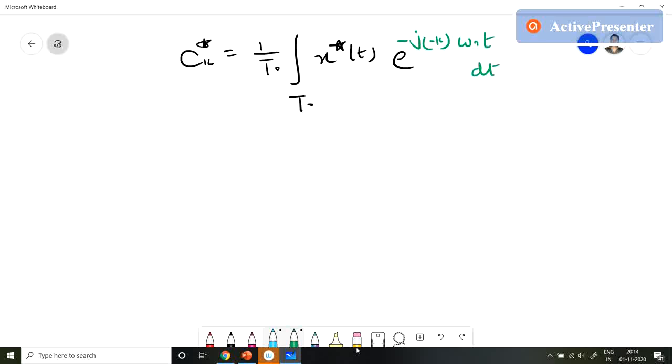It will make no harm, because minus minus will become plus, so it is the same as the previous equation.